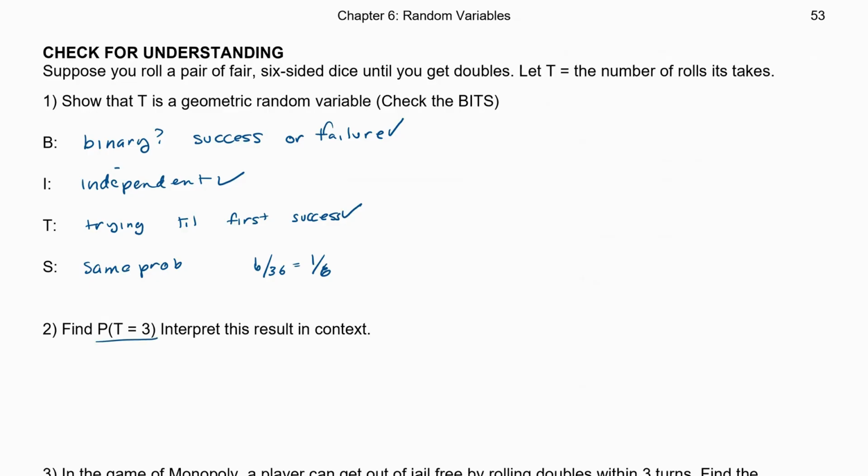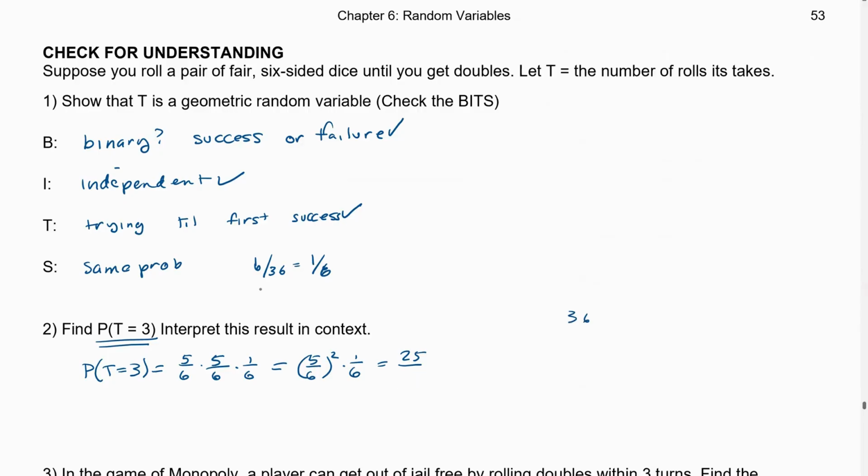So what's the probability of getting the first pair of doubles on the third try? Well, that T is 3, and that's 5/6, a failure on the first try. 5/6 again, failure on the second try. And then 1/6, we get our success. So 5/6 squared times 1/6. That's going to be 25 over 36 times 6.